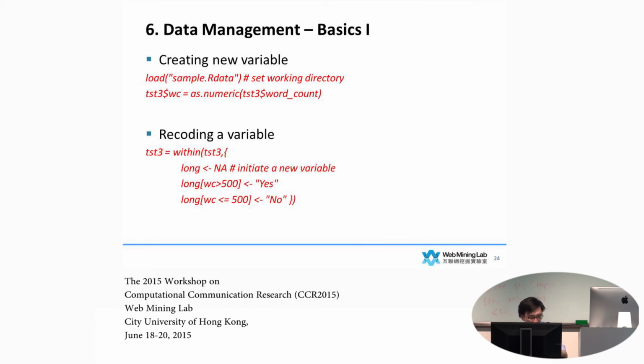For example, we define a word count larger than 500 as a long article, and less than 500, we say it's a short article. We just create a new variable, for example, a new variable called long, that indicates a long or short category. So we use this one, TST3. We use the function called within TST3.